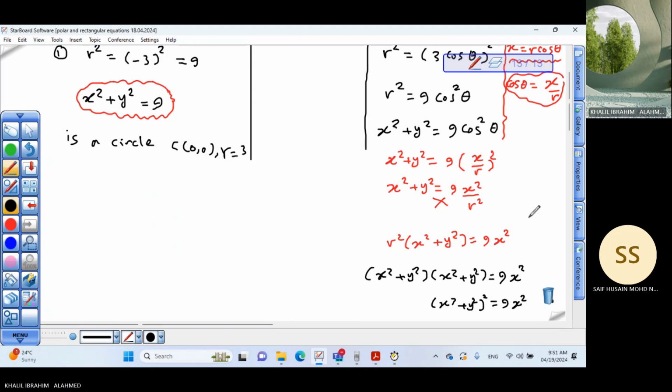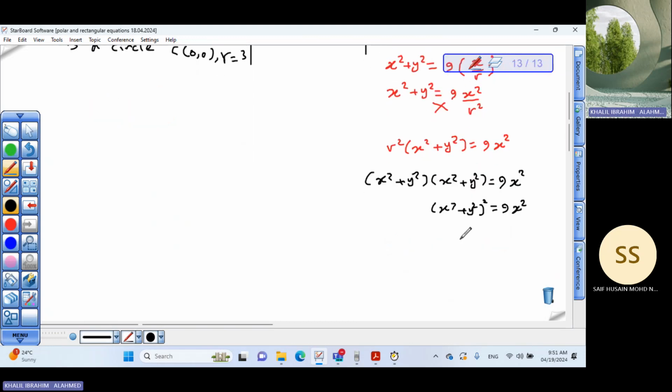We can take the square root of both sides: x squared plus y squared equals 3x. Positive or negative, but the negative is rejected because the first side is positive. This is the equation. Maybe this method is long.